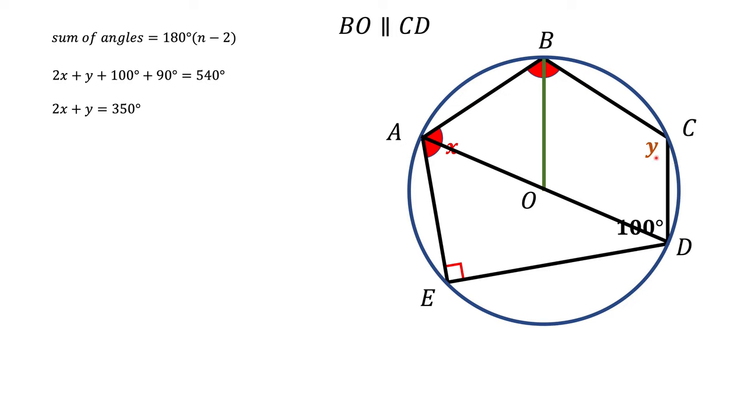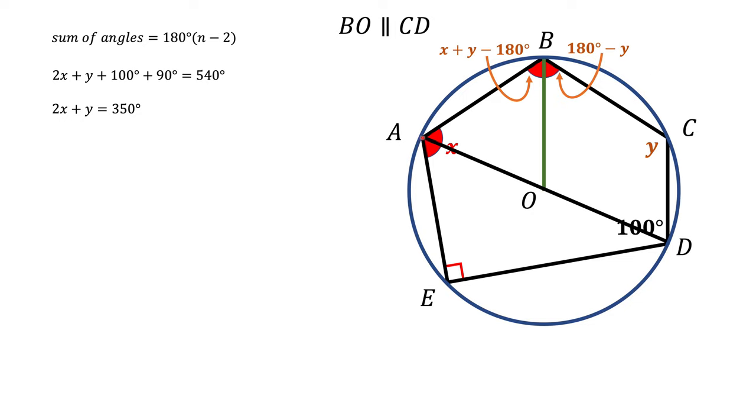In particular, this angle C, angle Y, and the angle right here, angle OBC, are what are called same-side interior angles for parallel lines. Those angles together should give us 180 degrees. So this angle here, OBC, should be 180 minus Y. We know the whole angle here, B, is X, and we know the right-hand side. So we can easily calculate the left-hand side, which will be X plus Y minus 180 degrees.